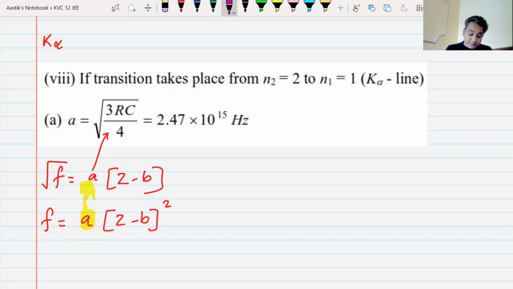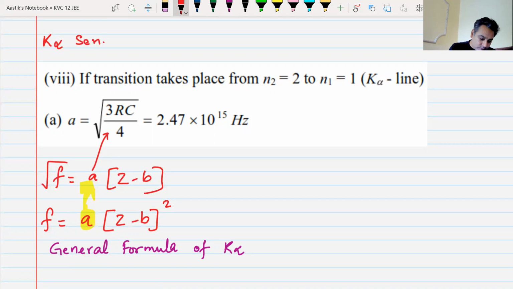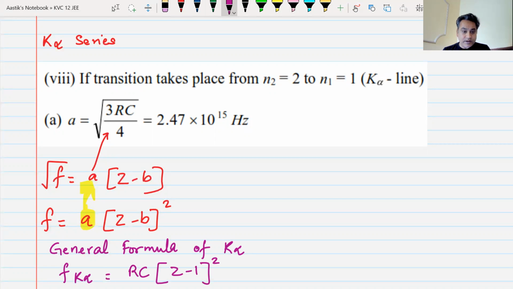Now I can write the general formula of K series, K alpha series. Now I'll show you a question where you will see this. If I write the formula as frequency of K alpha, then that can be written as R into C into Z minus 1, the whole square, into 1 minus 1 by 4.